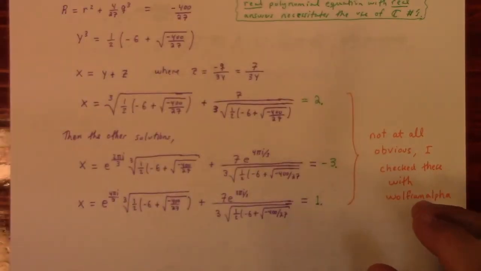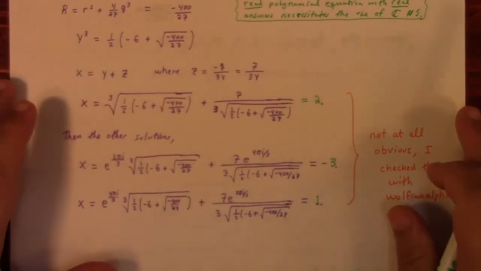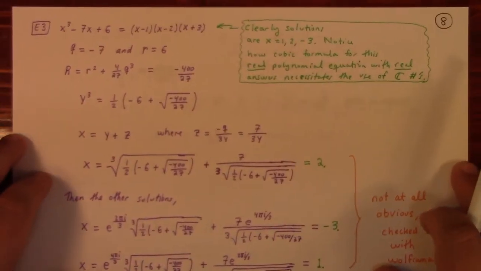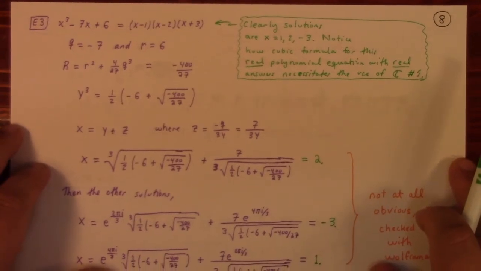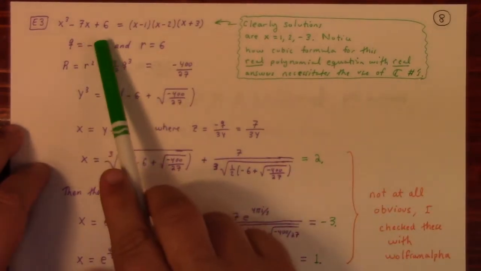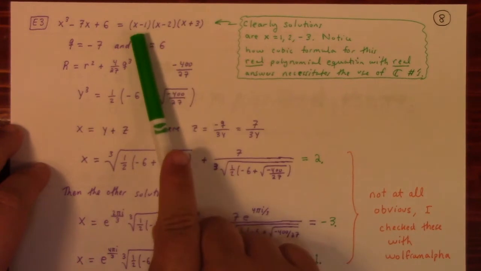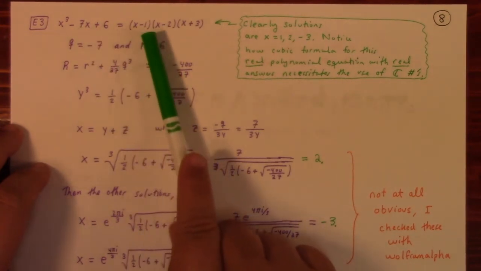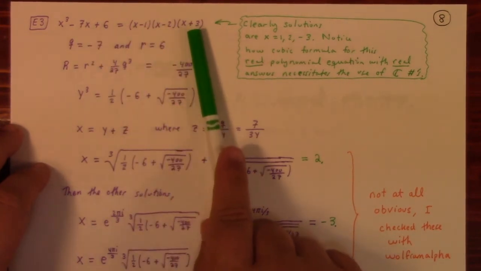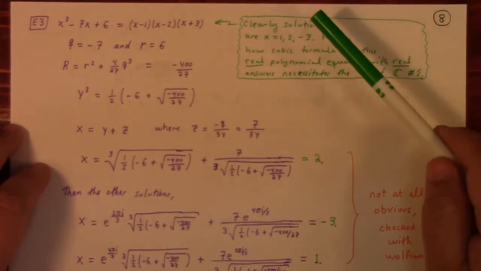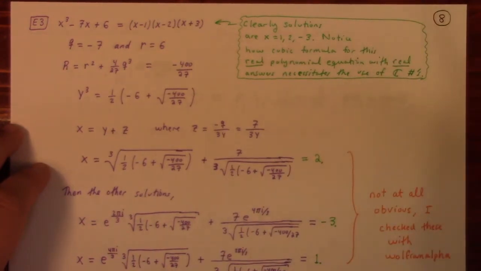All right, so here's another example. Here we have x cubed minus 7x plus 6, which, by the way, is nice. It factors as (x minus 1)(x minus 2)(x plus 3). So clearly the solutions are 1, 2, and minus 3. And let's see how the cubic formula makes it more complicated.